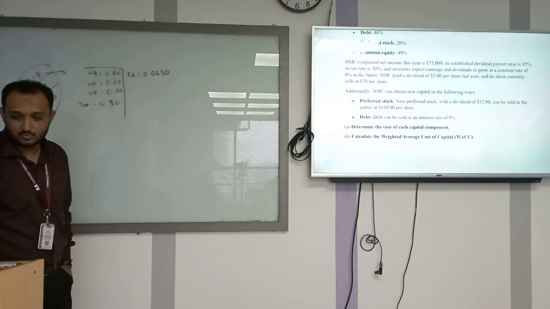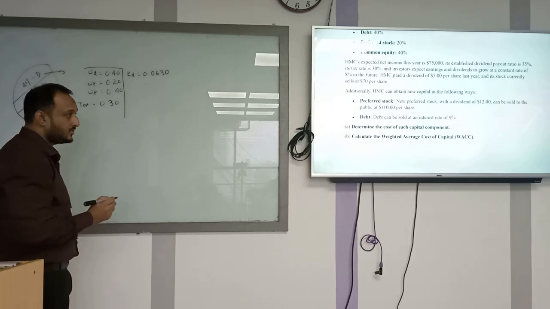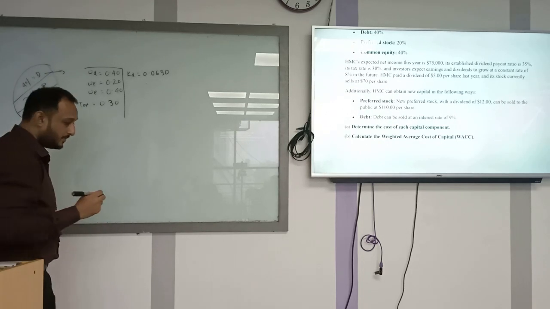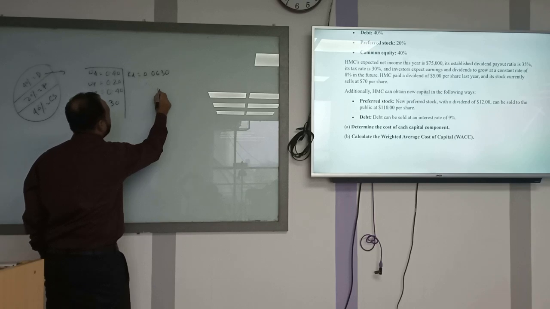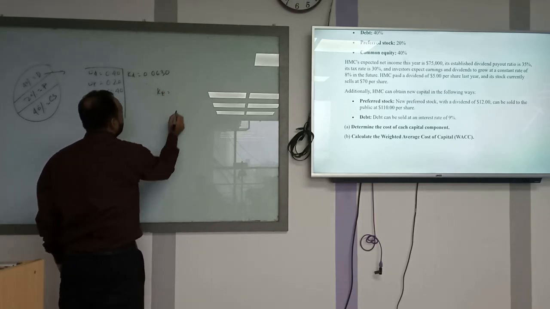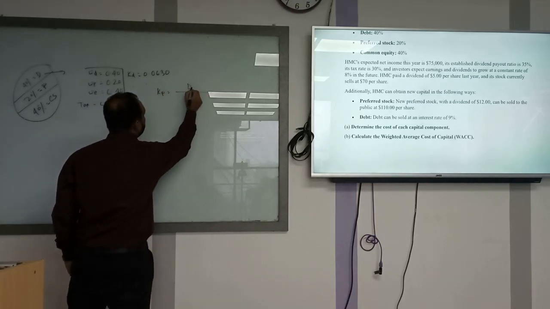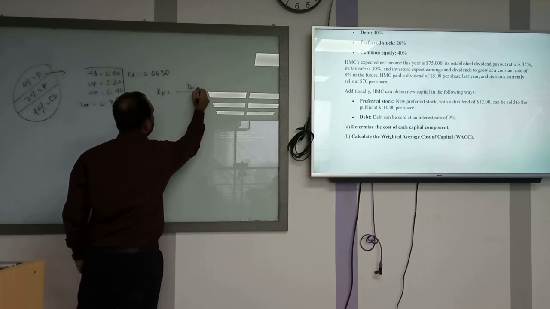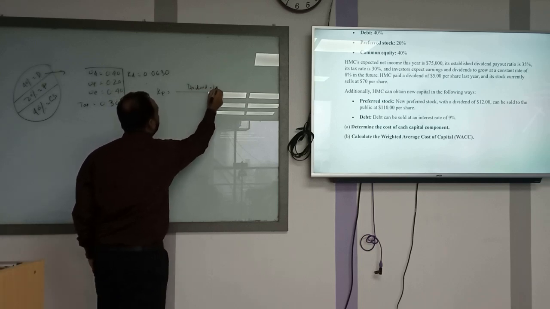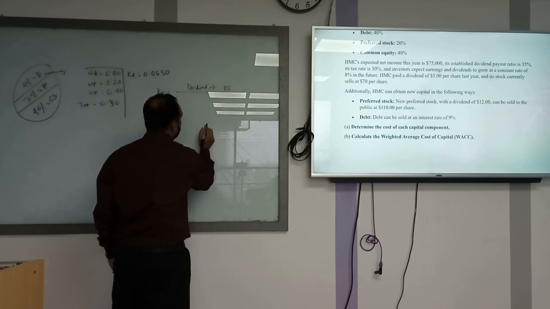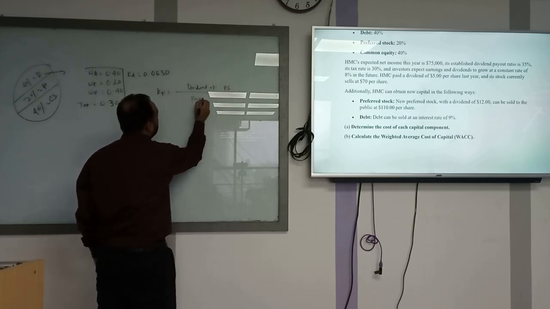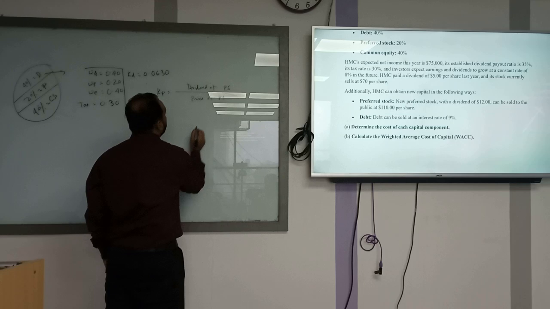এরপরে কি আছে? WP মানে weight of preferred stock দেয়া আছে যেহেতু, so we can go for the calculation of cost of preferred stock. তার মানে KP. So KP বের করতে হলে আমার কি লাগবে? DP, তার মানে dividend of preferred stock divided by price of preferred stock.